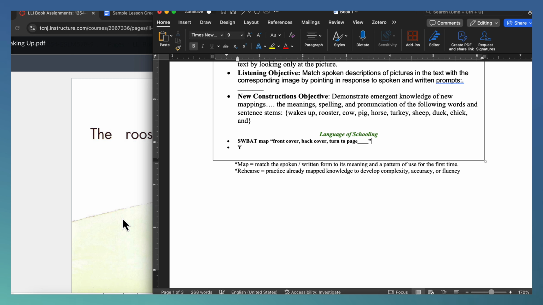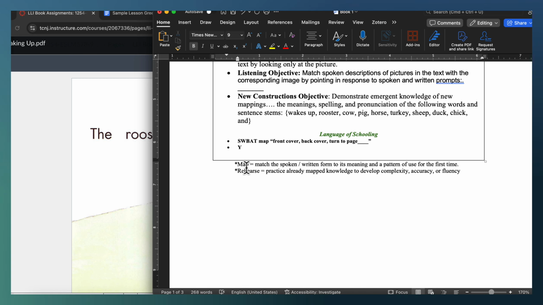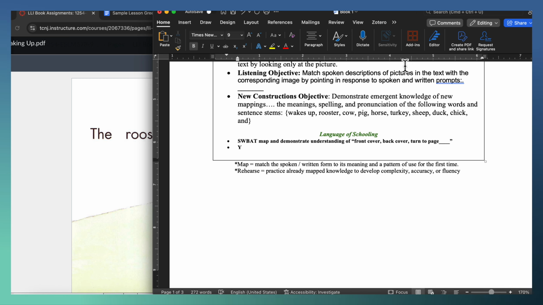I'm a big fan of not only having single words, but also phrases and sentence stems as part of vocabulary items. Map and demonstrate understanding of. And that's going to be my limited goal today. That's the language of schooling that I am after.